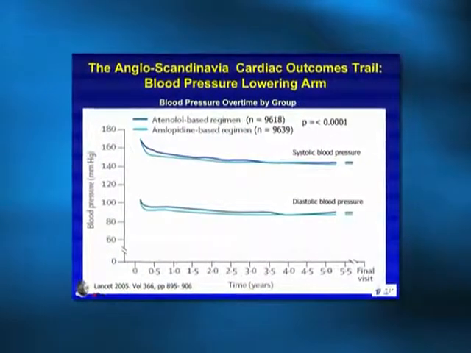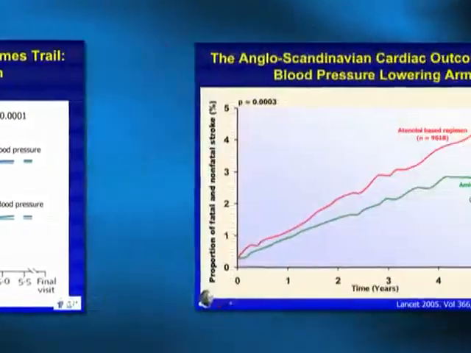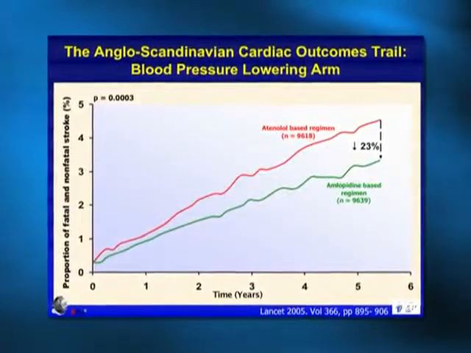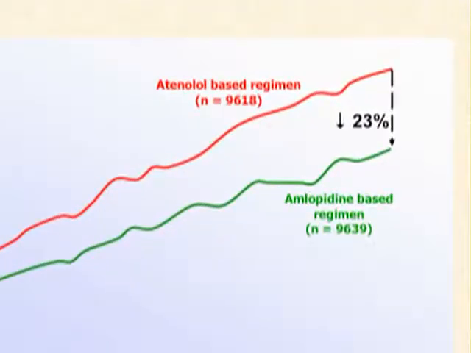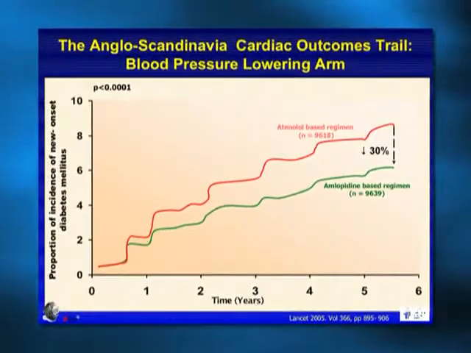They are almost identical, and they are matched for age, for sex, for everything else. But at the end of 5 years, the group that is treated with a certain drug called beta blockers has 23% more stroke and 30% more diabetics as compared to the second group.